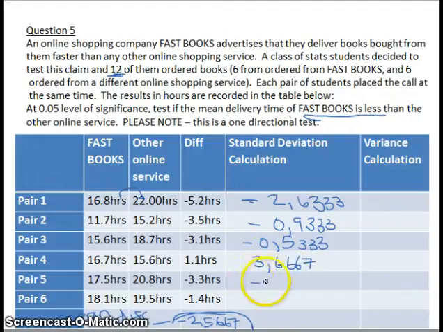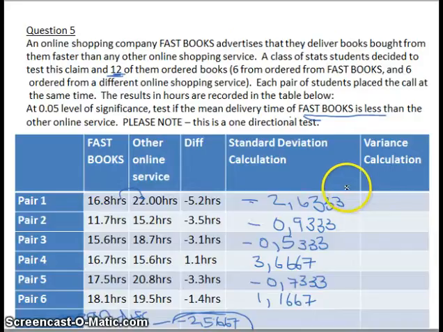The fifth one, I got minus 0.733. And the final one, I got 1.1667. This is used for the variance calculation.